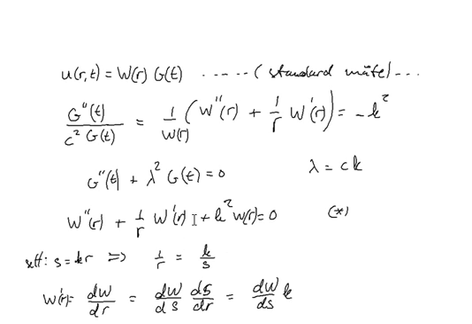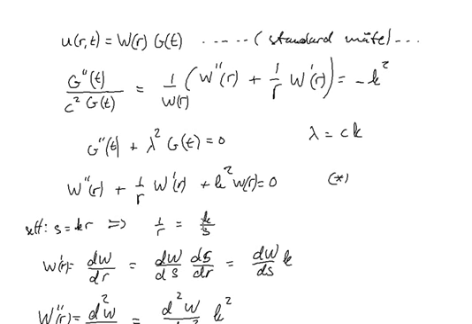This equation is some Bessel type equation, and let's show how this is a Bessel equation. If we use the following substitution, put s equal to k, the constant k, multiplied with the radius r, then we obtain that 1 over r is equal to k over s.